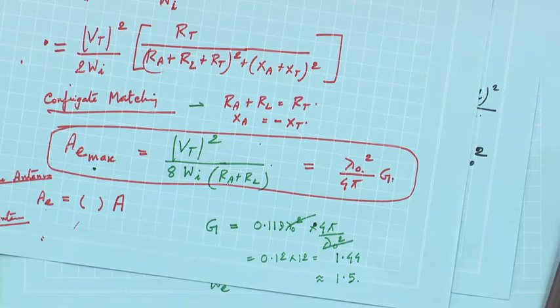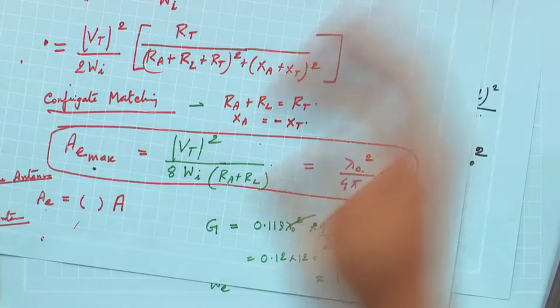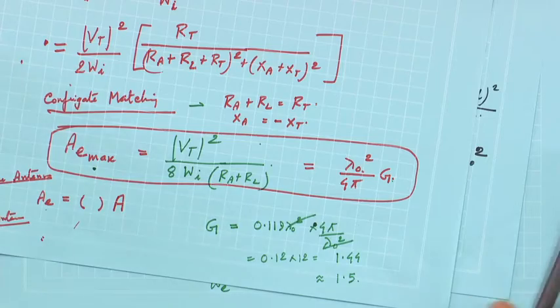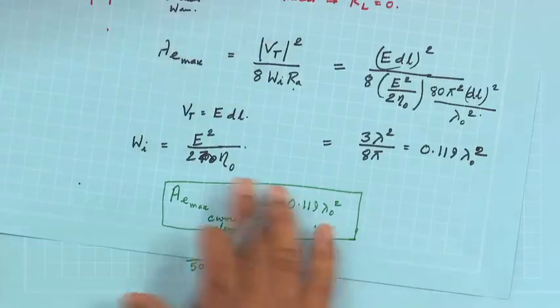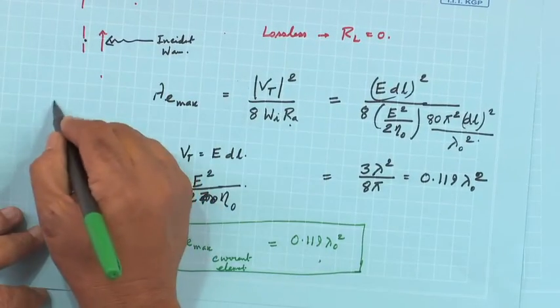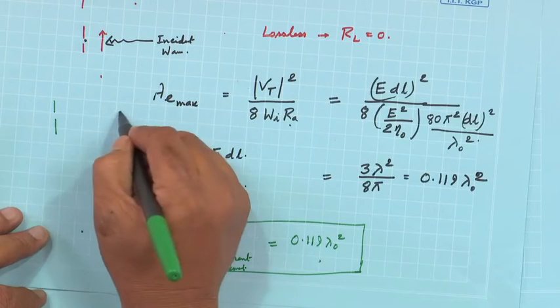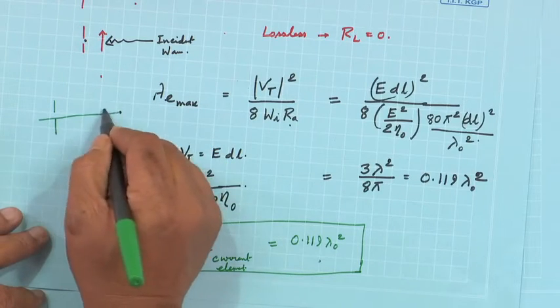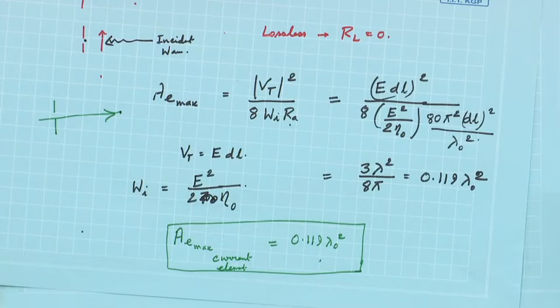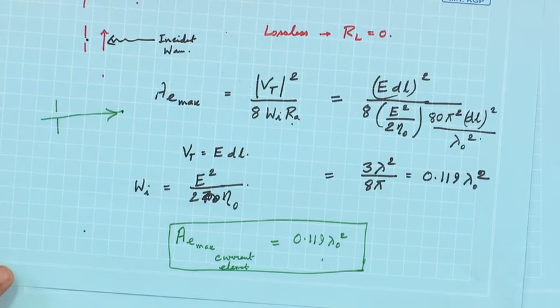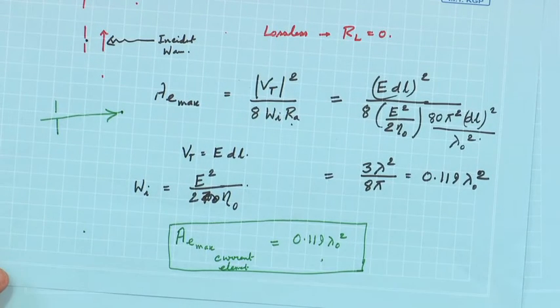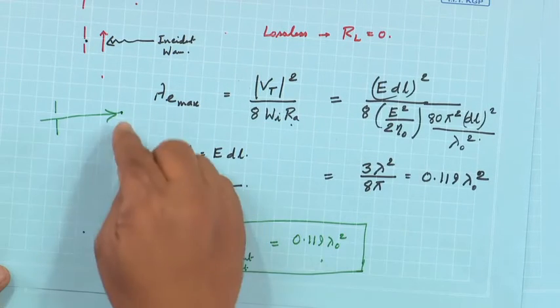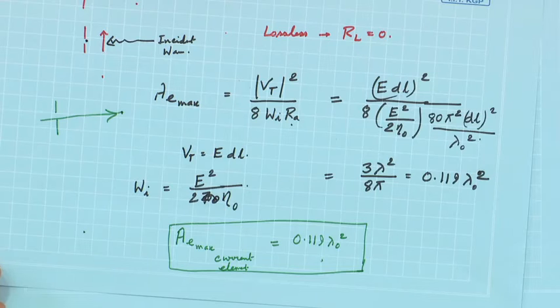So, roughly the gain is 1.5. That means, compared to an isotropic antenna, in the maximum direction of the current element's radiation pattern, it pumps 1.5 times power in this direction, and that is not bad.